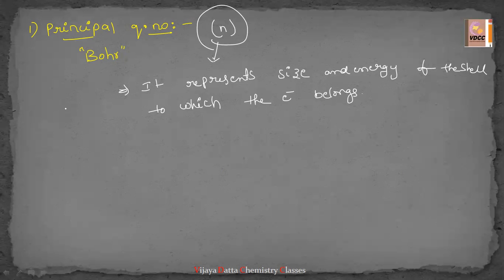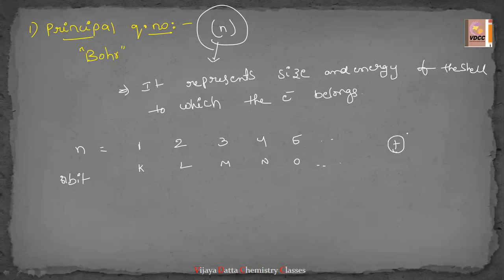See here, generally, when n equals 1, the orbit will be K. N equals 2, it is the L shell. When n equals 3, that is the M shell. N equals 4, N shell. N equals 5, O shell, like that. So n value gives the orbit in which the electron is present.